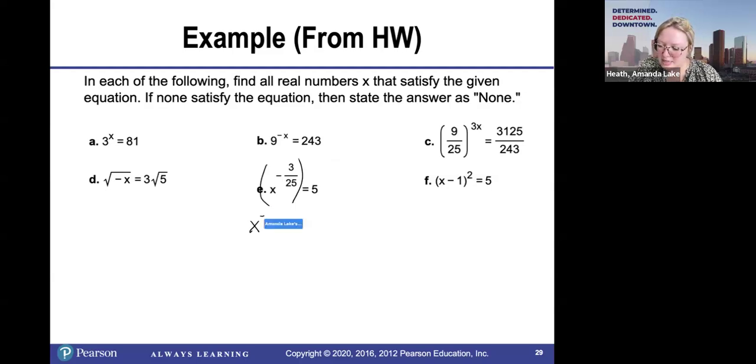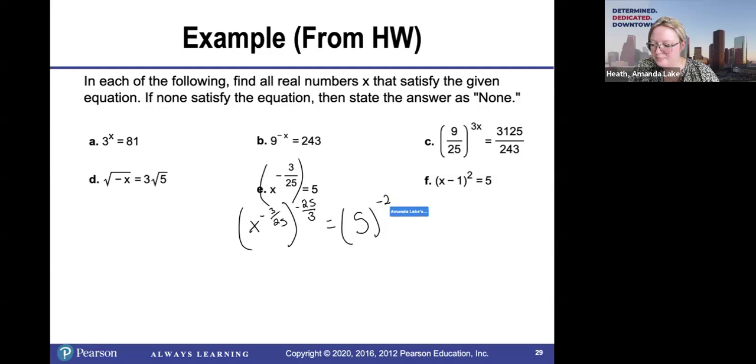So if I take x^(-3/25) and raise it to the negative 25 over 3, I also have to do that to 5. Then I get x equals 5 to the negative 25 over 3 power.